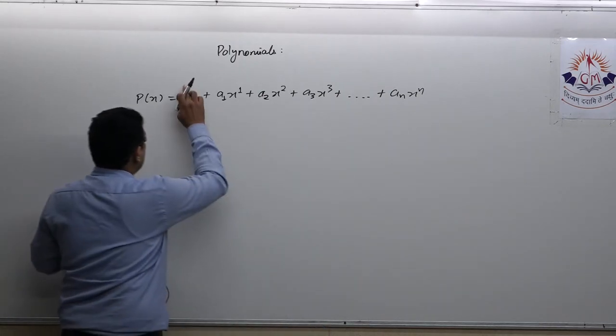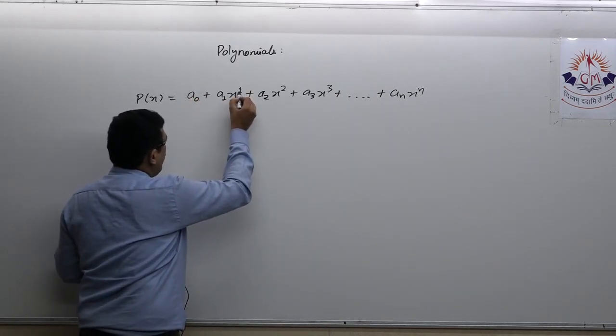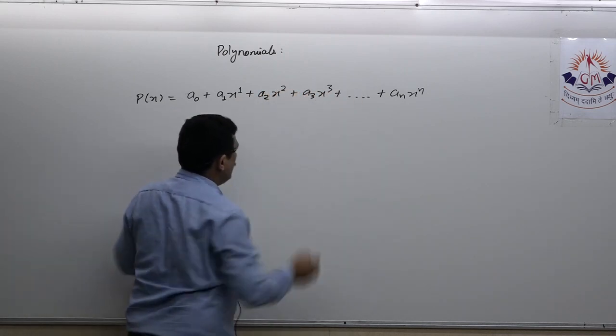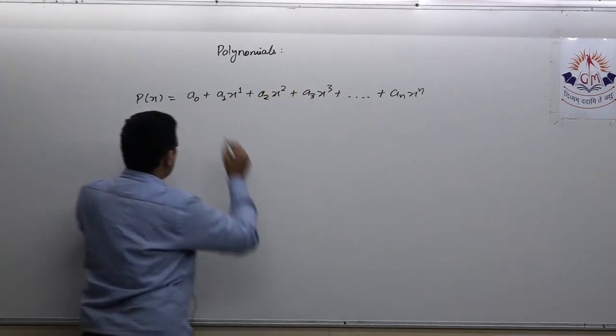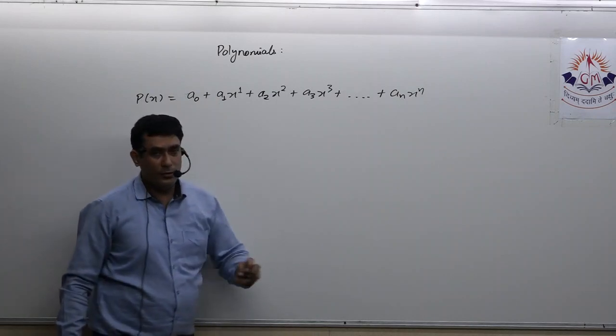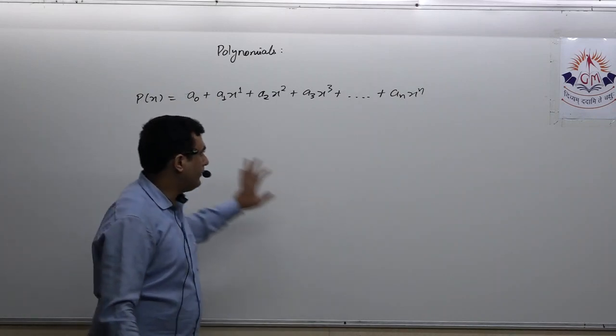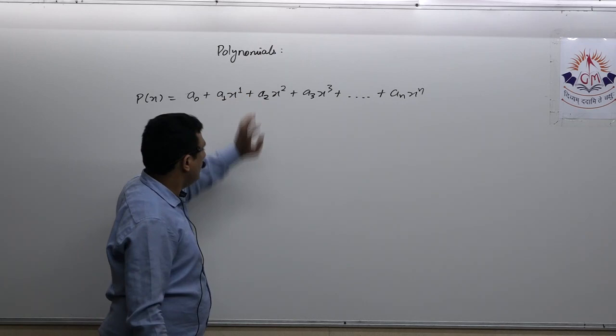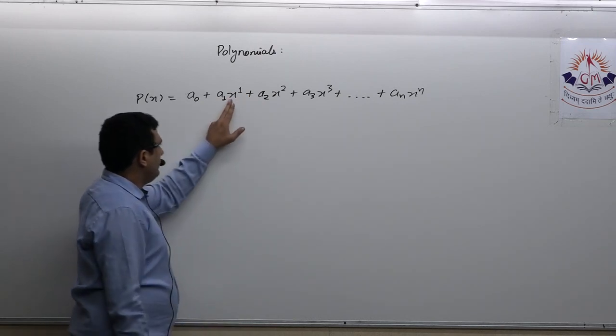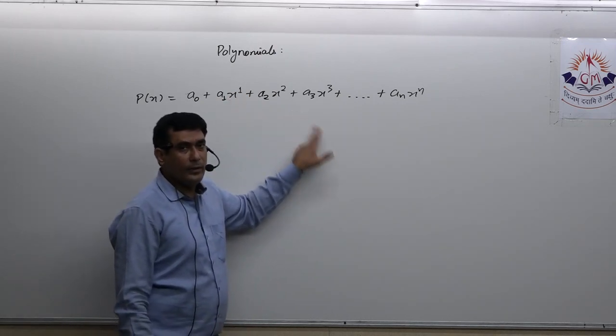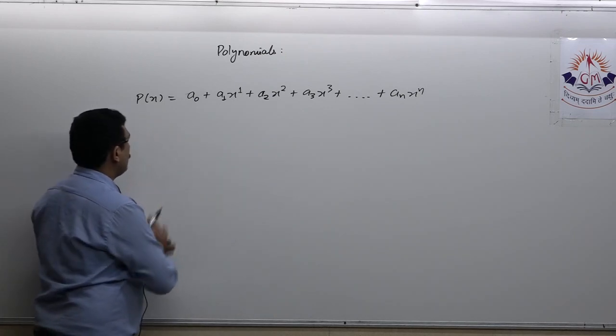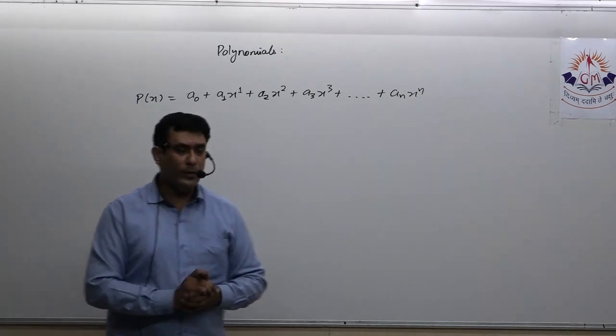The exponent of each variable must be a whole number. So it should not be negative, and it should not be a decimal. It must be a whole number, and the variable should be in the numerator. Then we say the given expression is a polynomial.